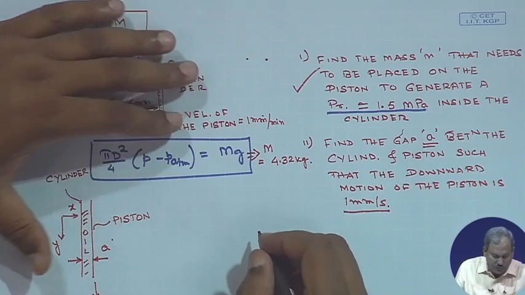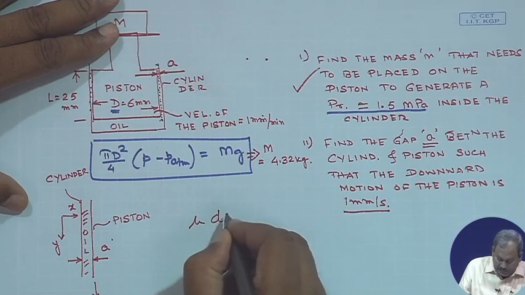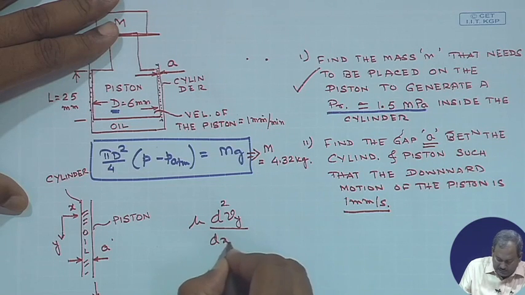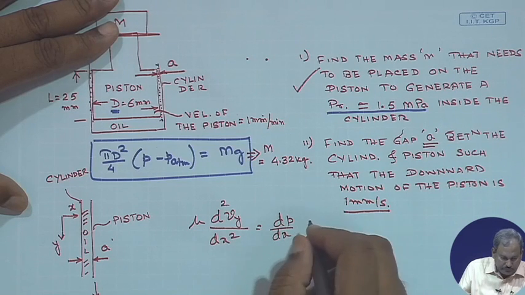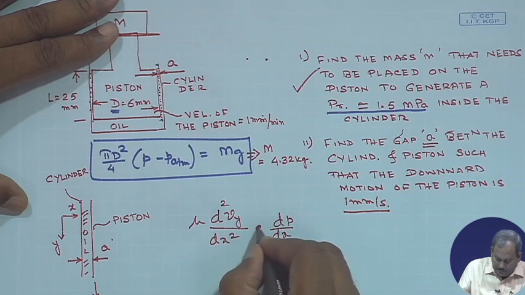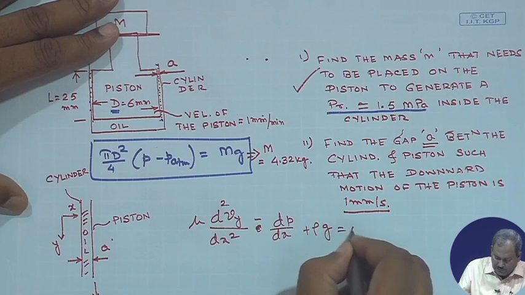So, the governing equation for such a system can be written as mu times d2v by dx square minus dp dx plus rho g is equal to 0.